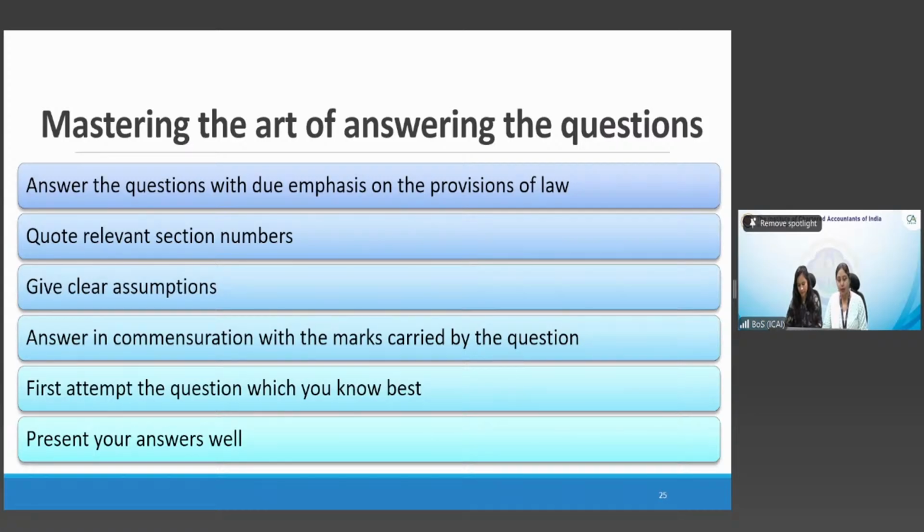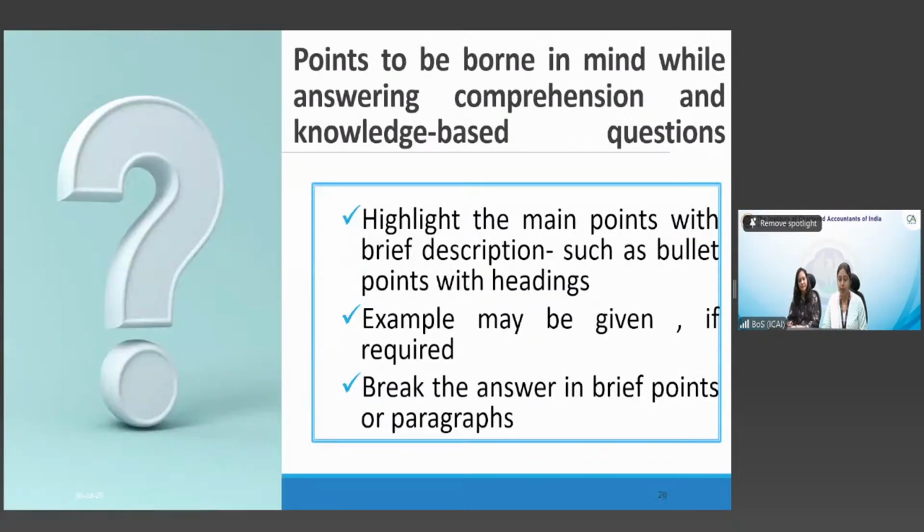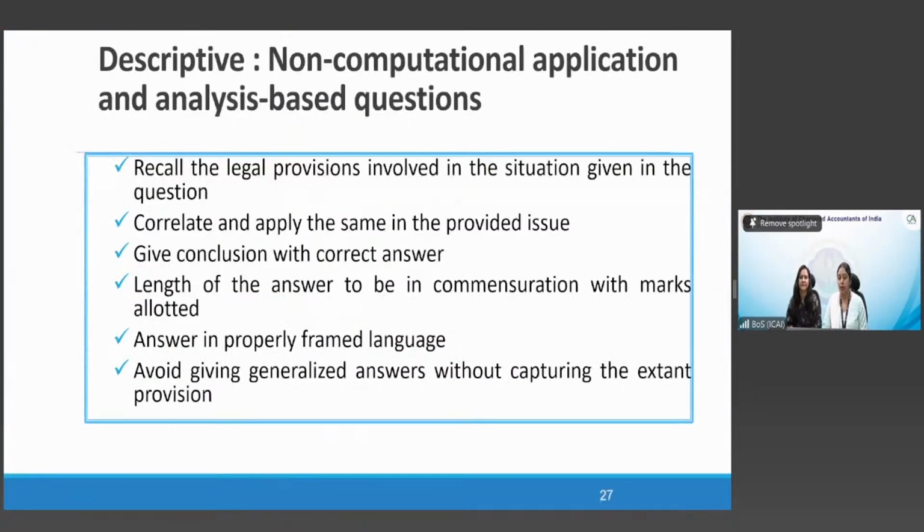Assumptions should also be given clearly, and you should write in commensuration with the marks a question carries. A question carrying 2 marks cannot be equated with the same question if it carries 5 marks. The length and the depth of the answer will differ. Similarly, the first question you attempt should be the one you know best, and you should present your answer in a better manner.